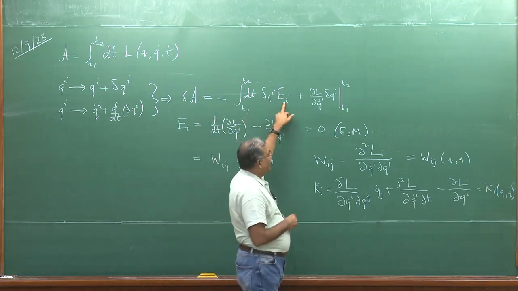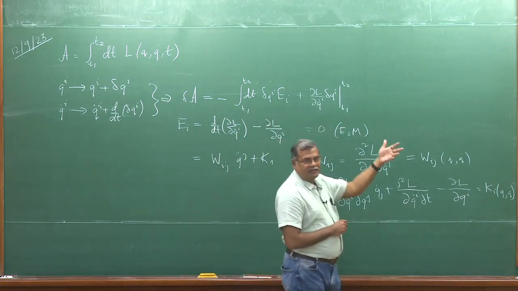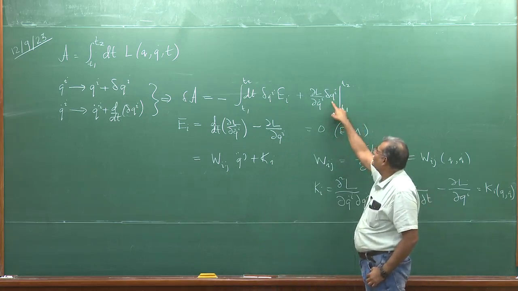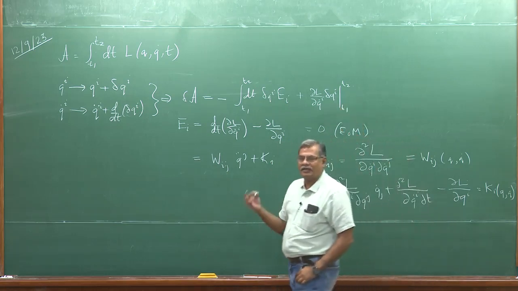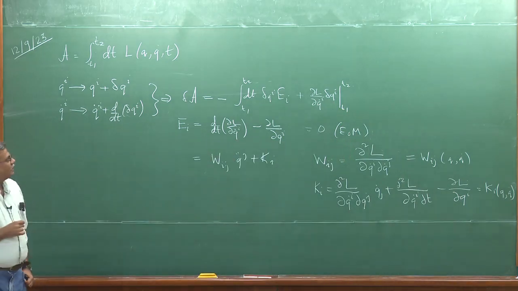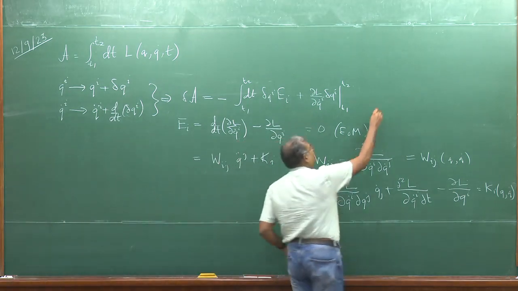minus dt delta q_i E_i, plus this term which is a boundary term, which gives you the values at T2 and T1. If you insist that you are only going to talk about variations which vanish at the endpoints, that extra term vanishes. So, this term is not there as long as delta q_i vanishes at T1 and T2.